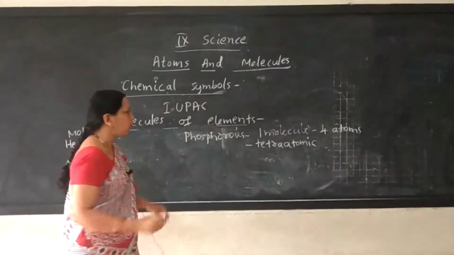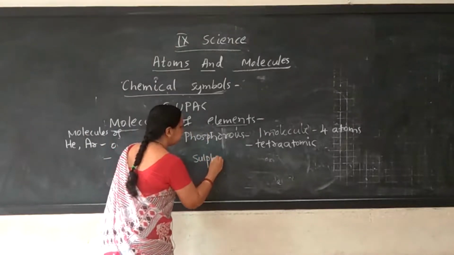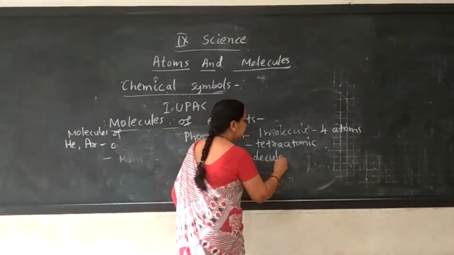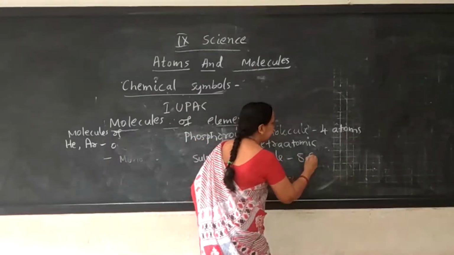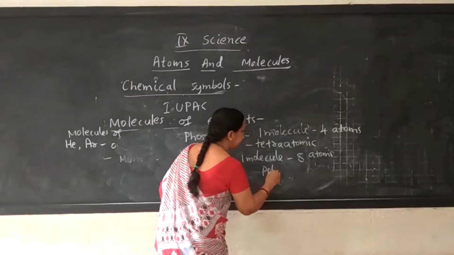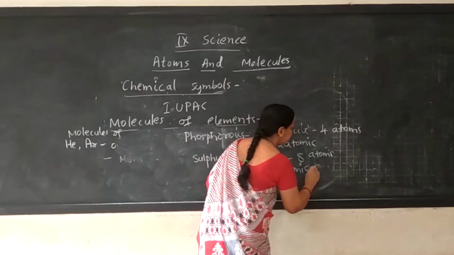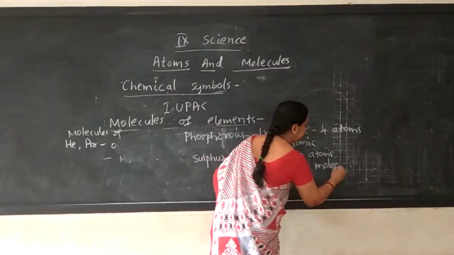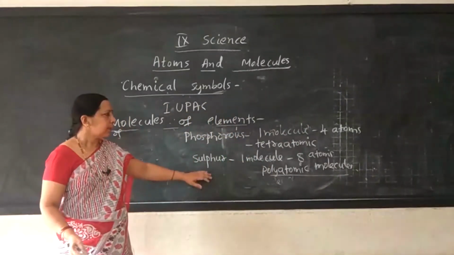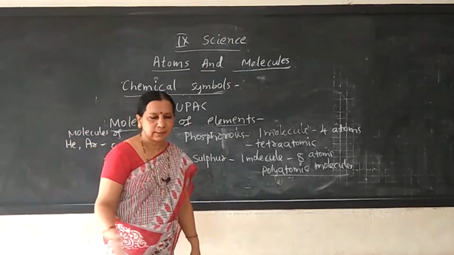Tetra means four. Sulfur, one molecule of sulfur consists of eight atoms. We call these polyatomic molecules. Let us consider the other part of the lesson in the next class.